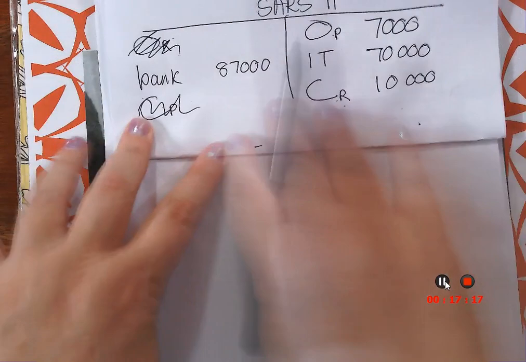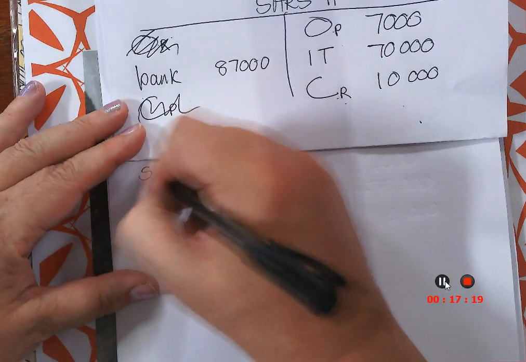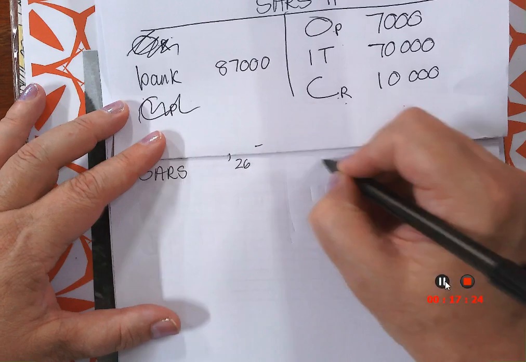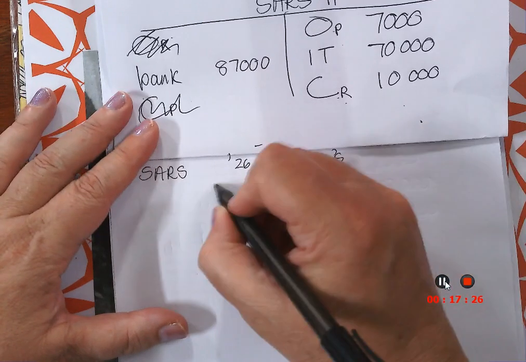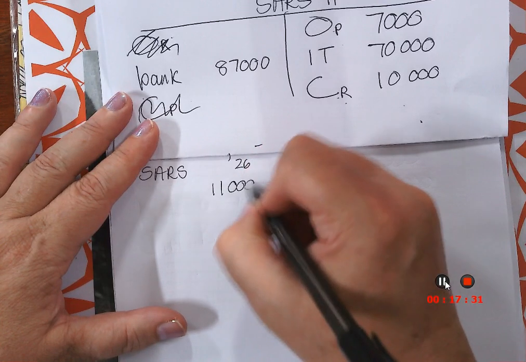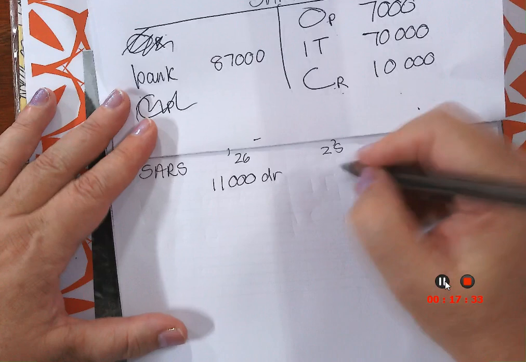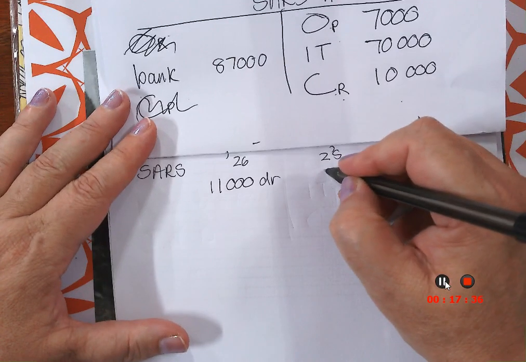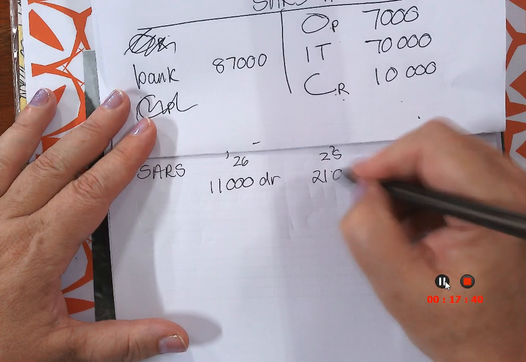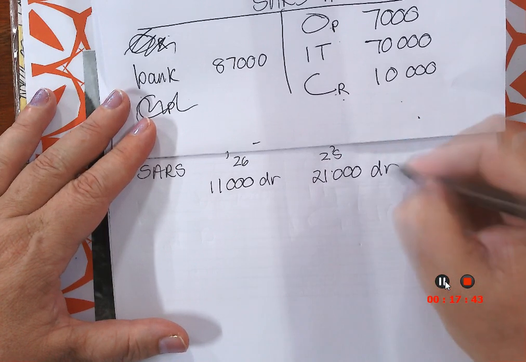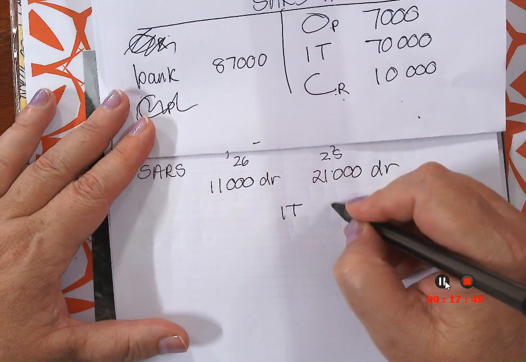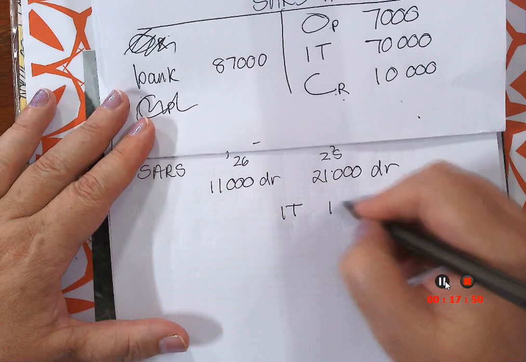I'm going to say SASH, 26 and 25. 26 I have 11,000 debit, and 25 I have 21,000 debit, and my income tax is 100,000. Quickly calculate my tax paid.